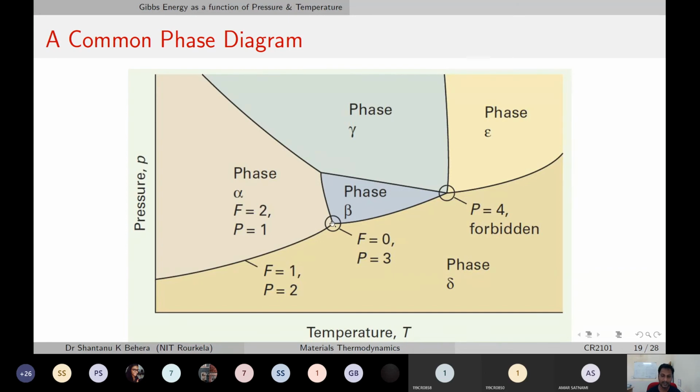Now, if you make the temperature slightly higher, from 25 to 26 degrees Celsius, it completely detaches from the three-phase equilibrium, and then it can even come to the single phase region or the biphase equilibrium region. By virtue of the change in temperature, you lose the equilibrium between alpha, beta, and delta, and you might end up in equilibrium between beta and delta itself, but you will not have alpha phase in equilibrium.